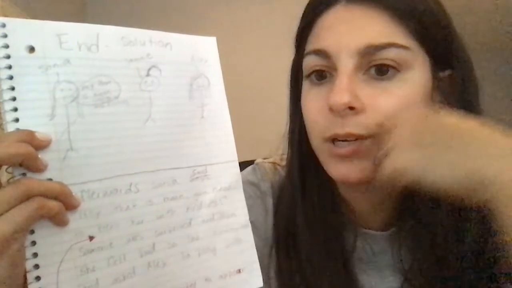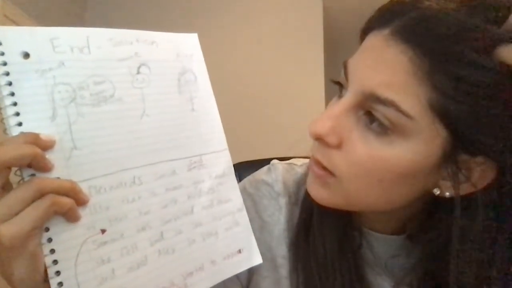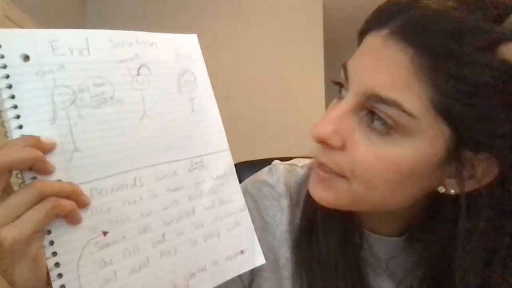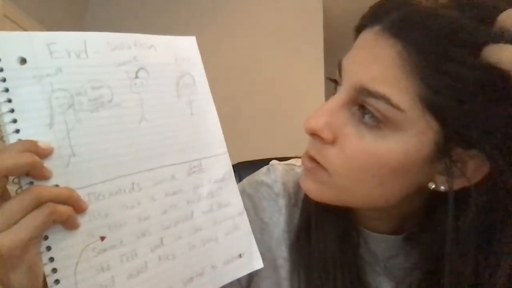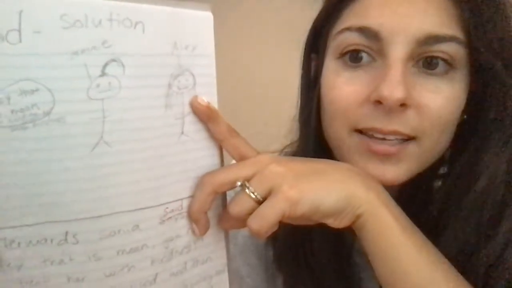But now I have to think of a detail that I can add, okay? So what can I say about this? Something that might have happened. The only thing I can think of that I can add is, if you see here, Alex is smiling.